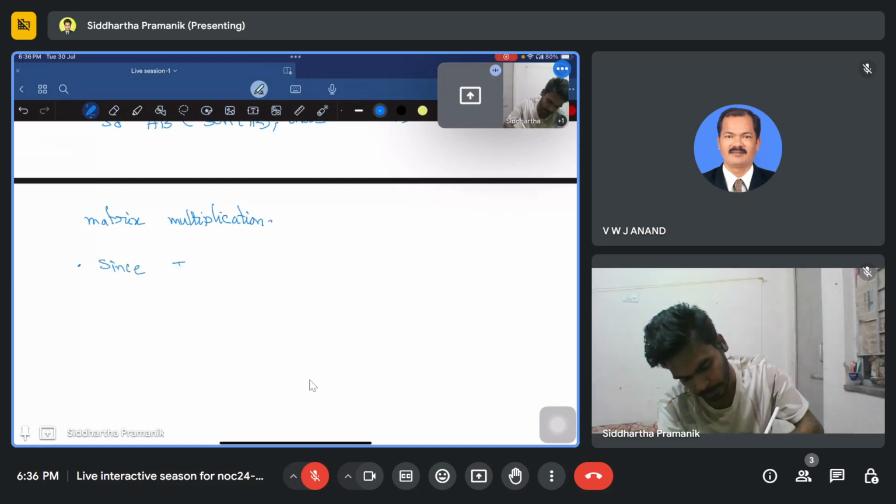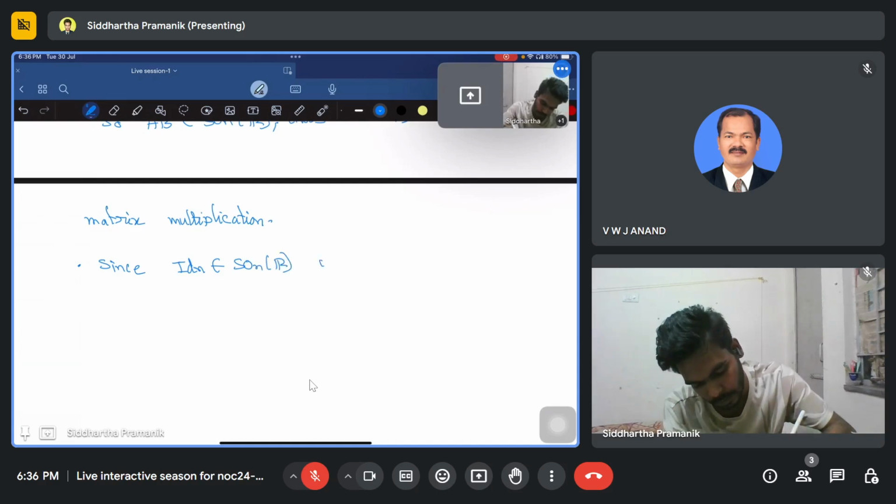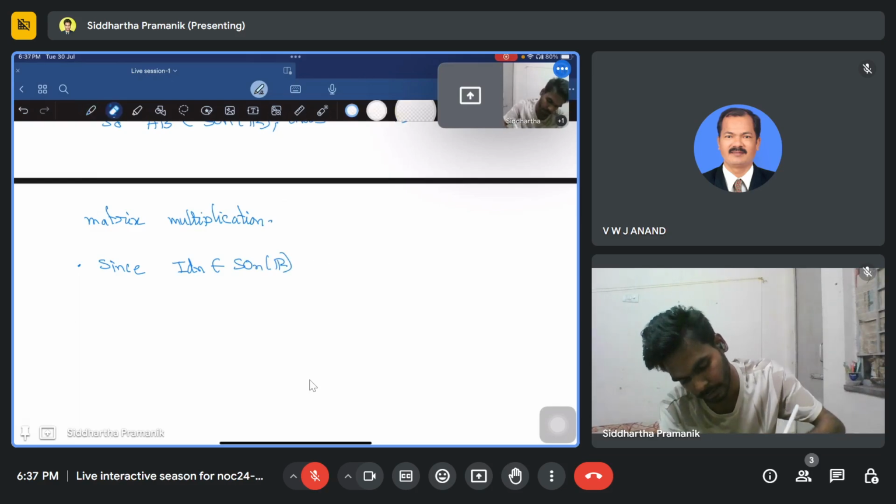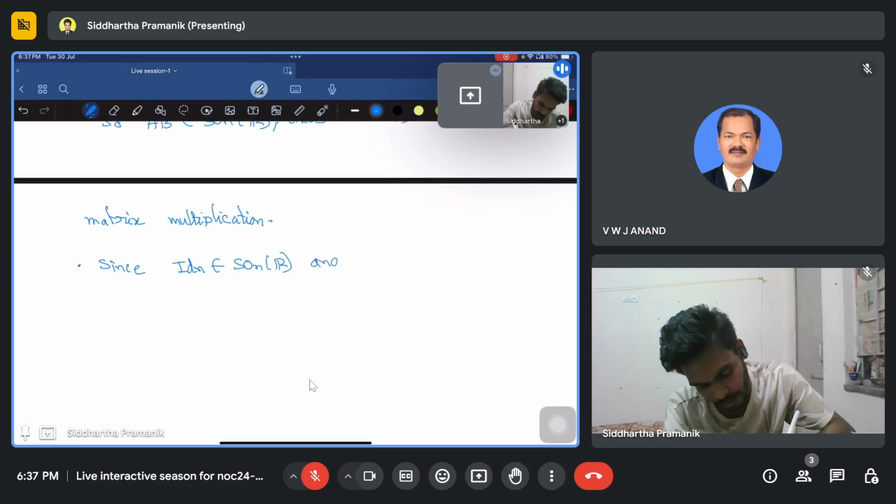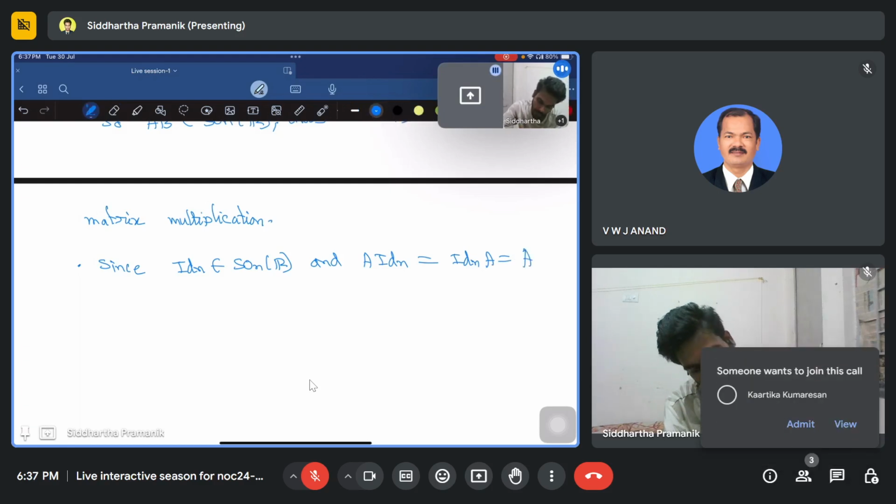So let me write it. Since the identity element belongs to SO(n,R), and A times identity n equals identity n times A equals, sorry, it is the same as A, and this holds for all A in SO(n,R).